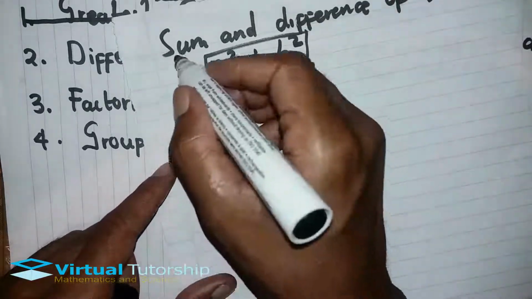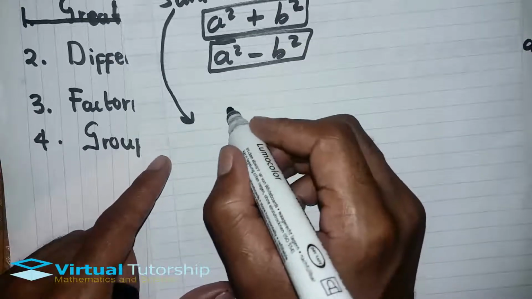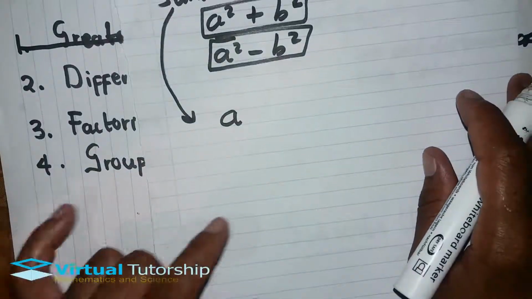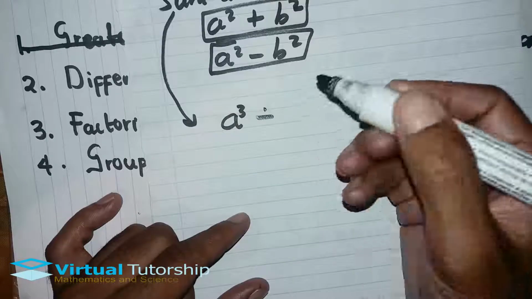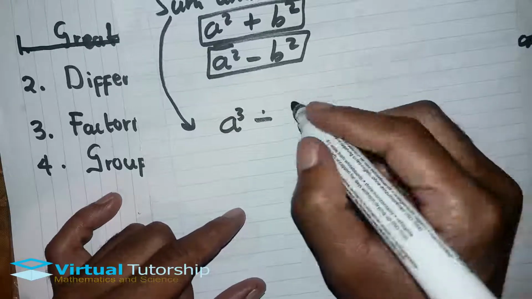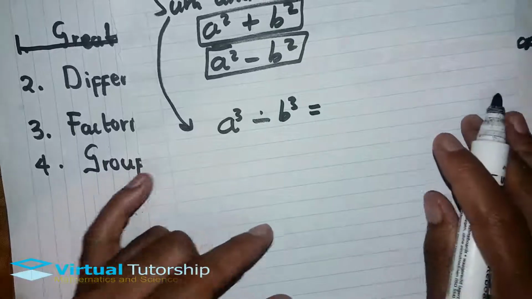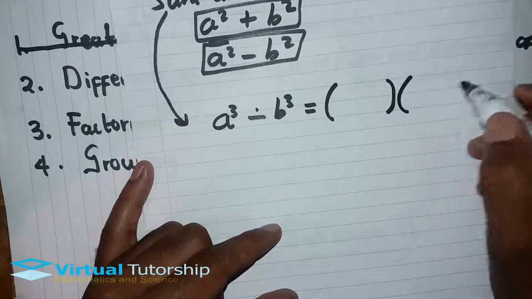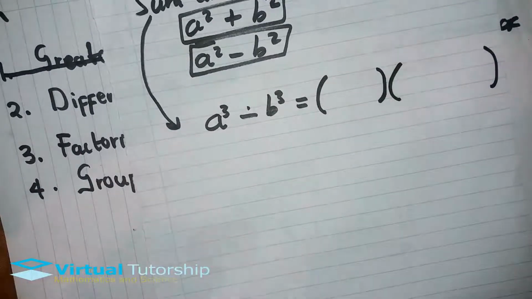Okay, now what do we do with cubes? A typical example will be a cubed minus b cubed, starting with the difference. It's similar to the difference of two squares but slightly different.